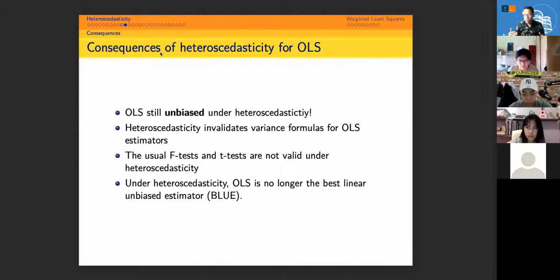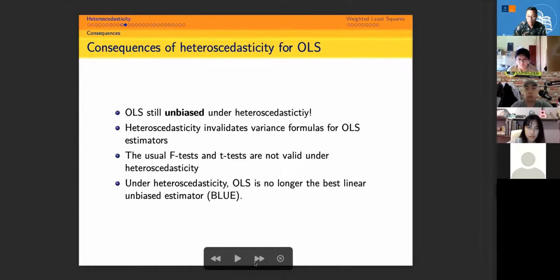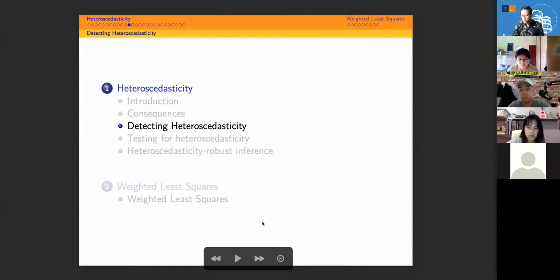The second one is that we're also going to estimate the standard error of this coefficient, and that's going to be biased if there is heteroskedasticity. If the estimated standard error is biased, then the t-test, f-test, and the whole hypothesis testing process is also going to be invalid. So that's the issue that we're going to have if there is heteroskedasticity. Before I move on to detecting heteroskedasticity, let me know if you have questions.